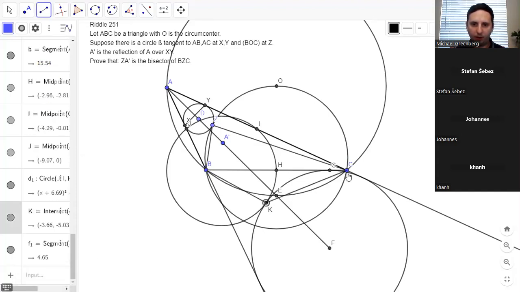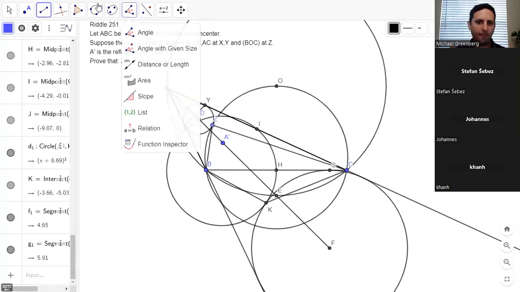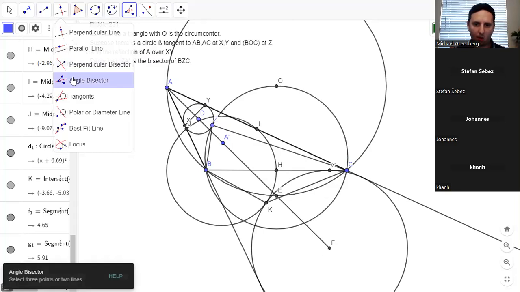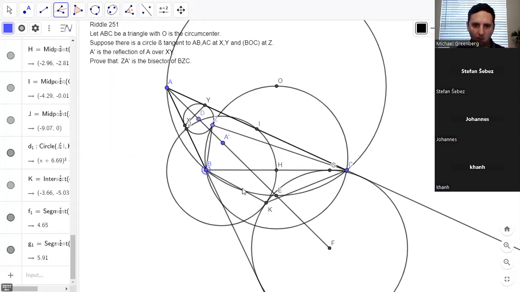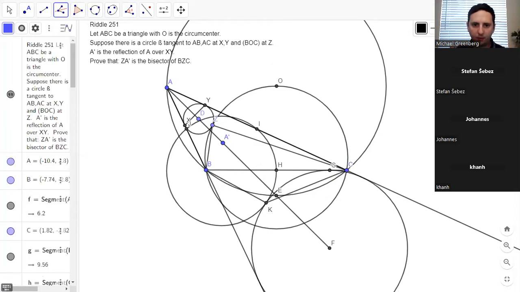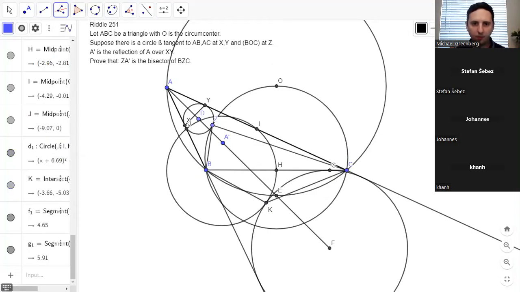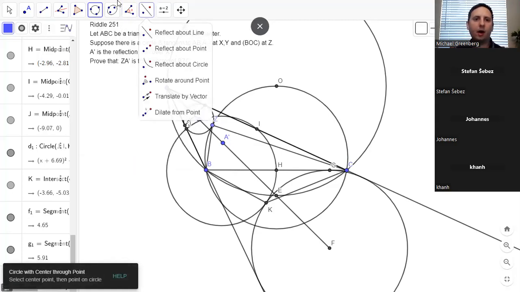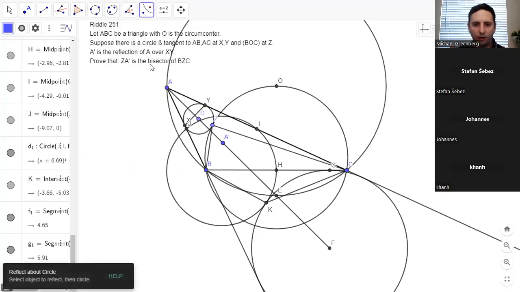Do we know where A prime goes to? I think you can construct point Z accurately, 100% accurate, by using the property of the inversion. So maybe we can work better. I don't know. It's just up to you.